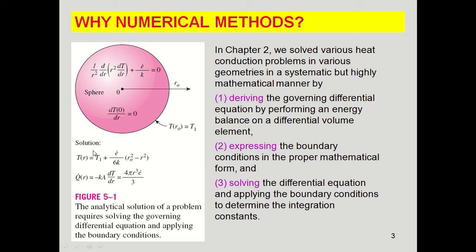After finding these temperatures, using Fourier's law of heat conduction, we can find the rate of heat transfer through that sphere in the radial direction. So Q dot r is equal to minus K dT by dr, and this is equal to 4 pi r cubed times the energy generation in the sphere divided by 3. This is an analytical solution of a problem, which requires solving the governing differential equation and applying the boundary conditions.